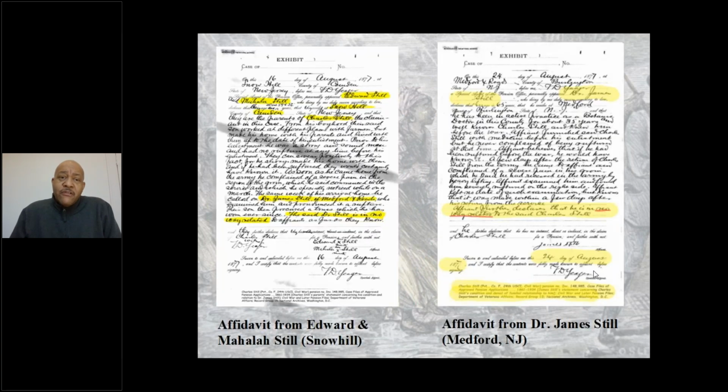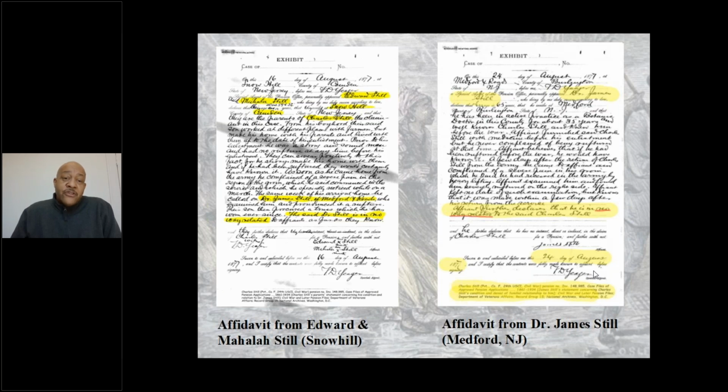There are 2 documents. These are affidavits, and to explain them briefly: there was a Charles Still that was born to Edward and Mahala Still, who lived in Snow Hill or Lawnside at the time. Dr. James Still was well known in the area, and a lot of times he was family physician for other people. Evidently this Charles Still, son of Mahala and Edward Still, was a patient of Dr. James Still.